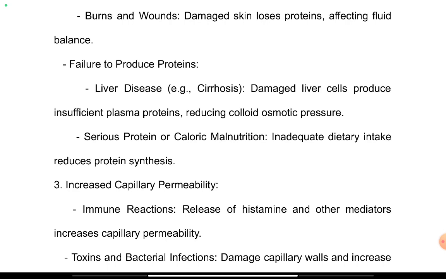So in a patient that is not eating enough protein, that means there won't be substrate for the production of the protein that you need in your body.